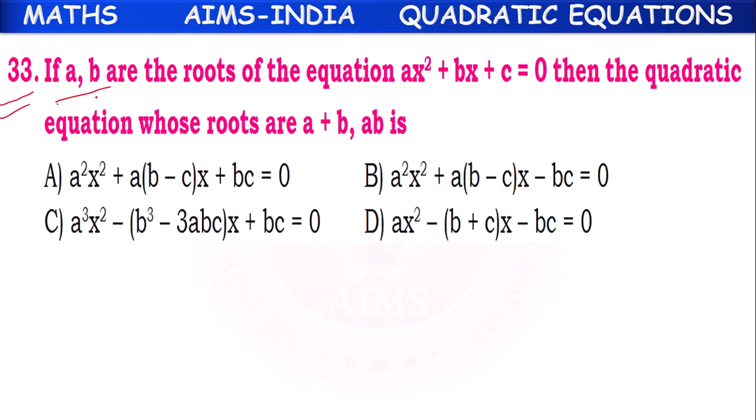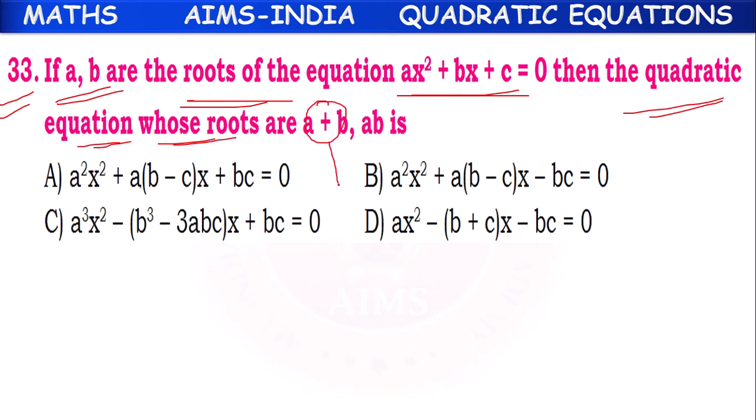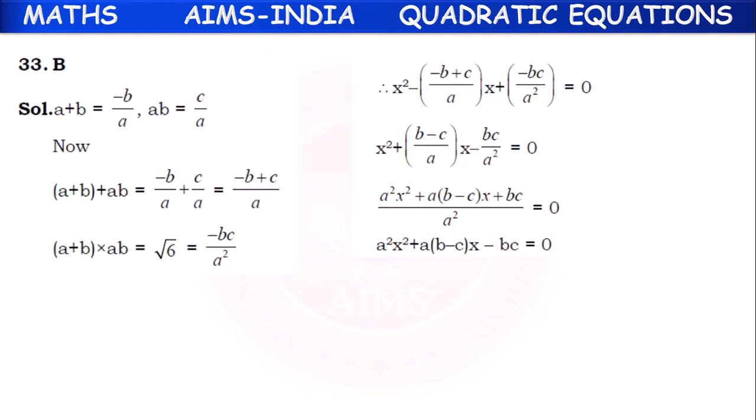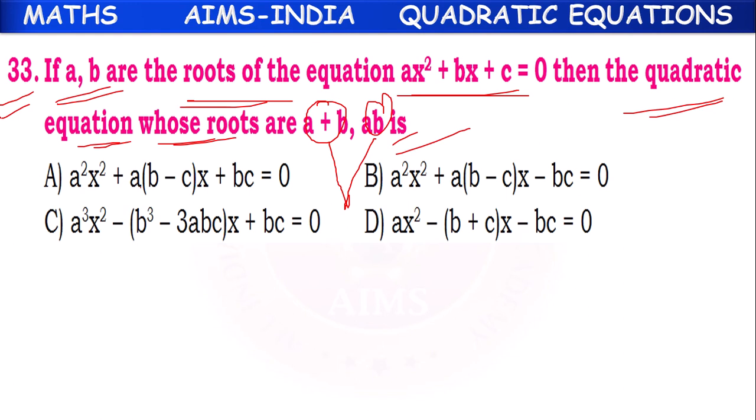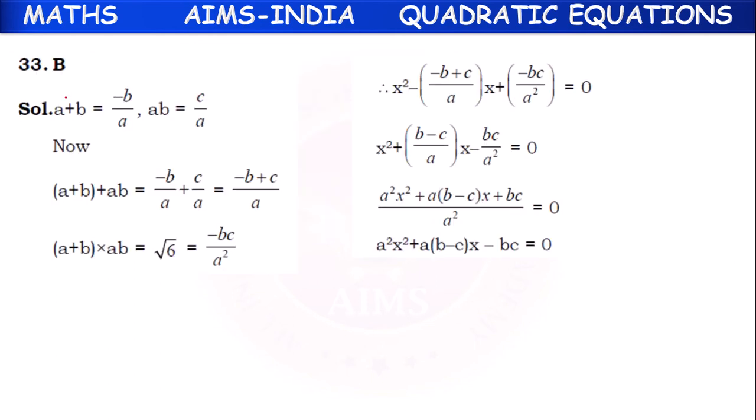Next one. If a, b are the roots of this equation, then the quadratic equation whose roots are a plus b, one root is a plus b, another root is ab, is how much? So a, b are the roots of this equation. So sum of roots is minus b by a, product of roots is c by a. But we have to find the equation which has roots, one is a plus b, another one is ab.